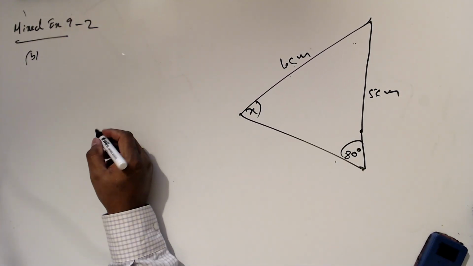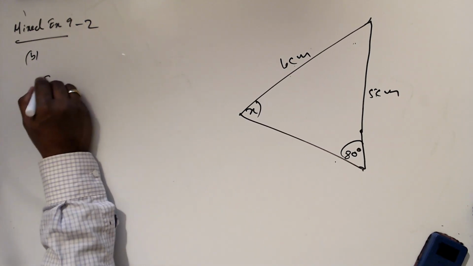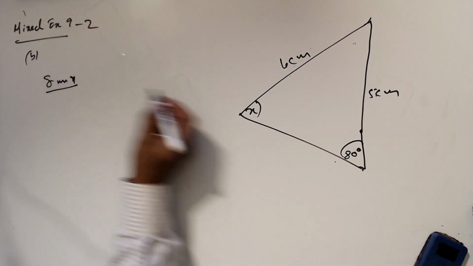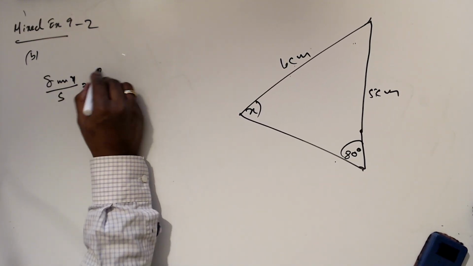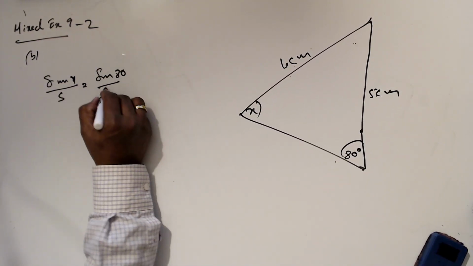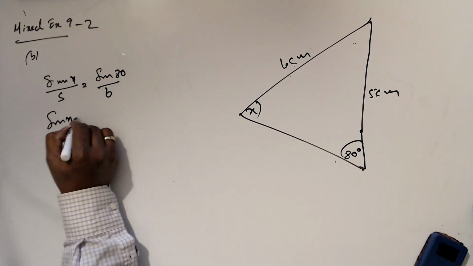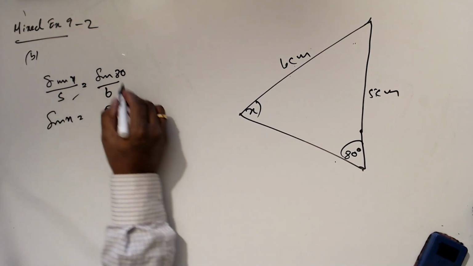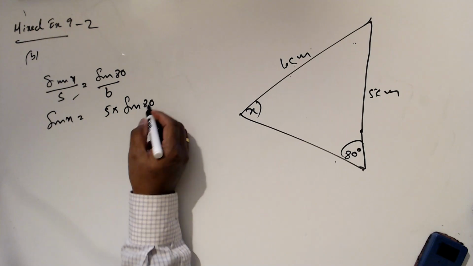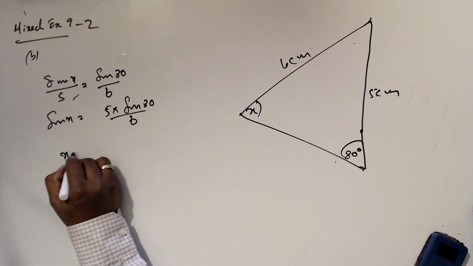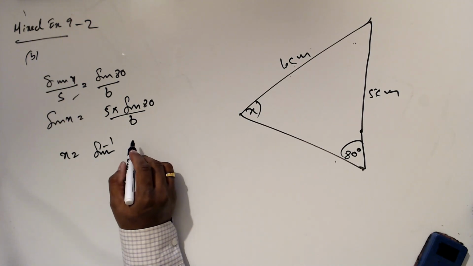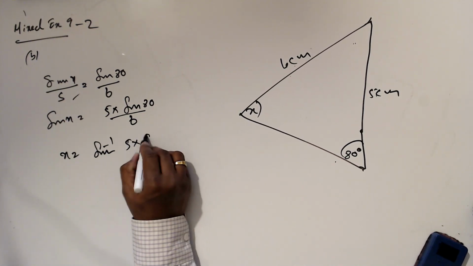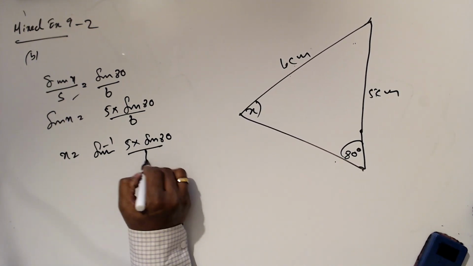So sine x over 5 equal sine 80 over 6. So sine x equal, cross multiply, 5 sine 80 divided by 6. X equal sine inverse 5 times sine 80 over 6.